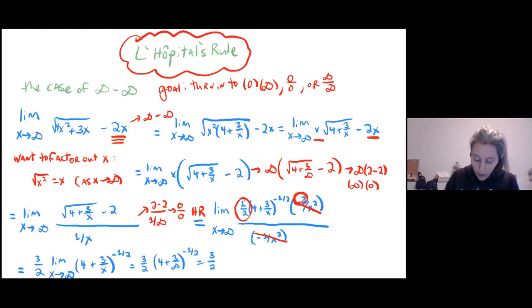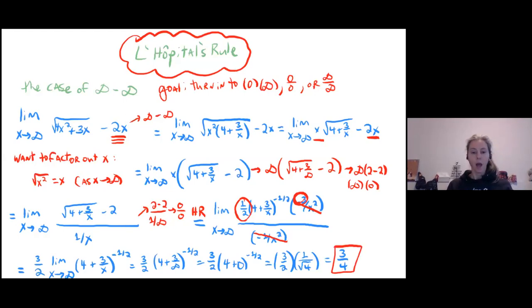That's like 3 over 2 times 4 plus 0 to the negative 1/2, which is like 3 over 2 times 1 over root 4, which gives me 3 over 4 as my final answer.